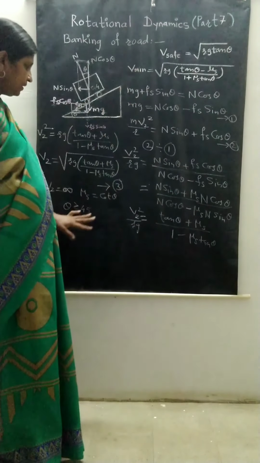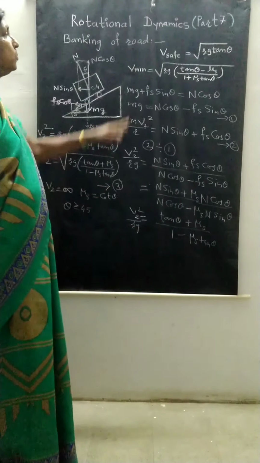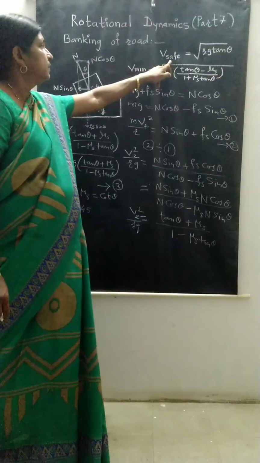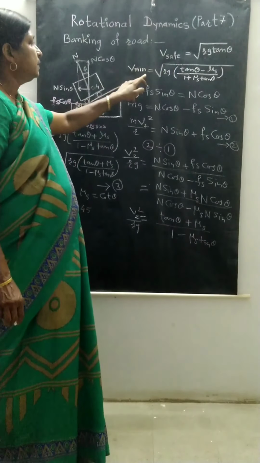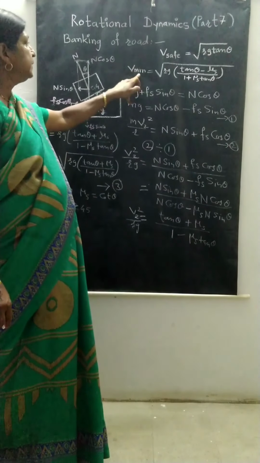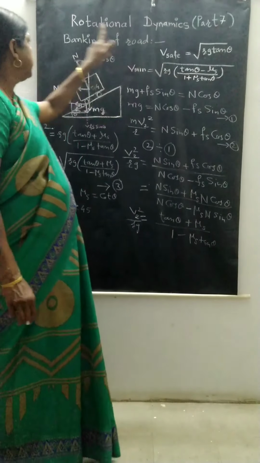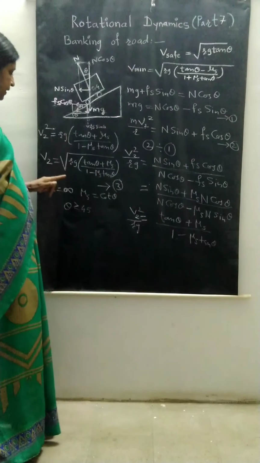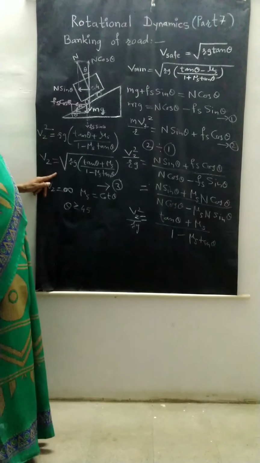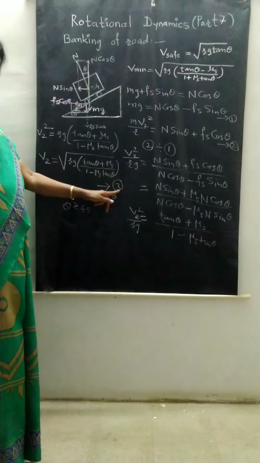So in this way we have found out the most safe speed V, the lower limit, that is minimum speed for the vehicle to be driven on the bank road, and the maximum speed limit which is given by this equation 3 here.